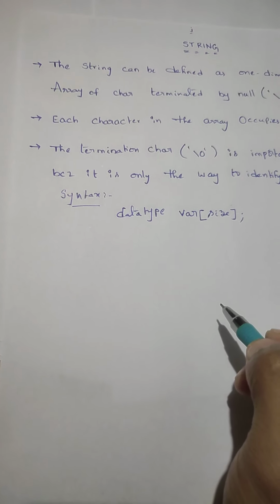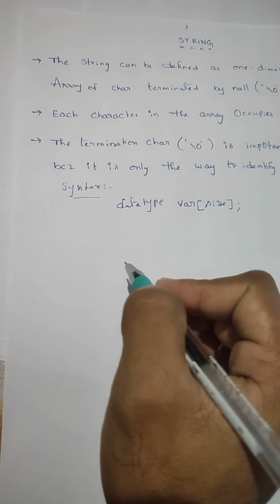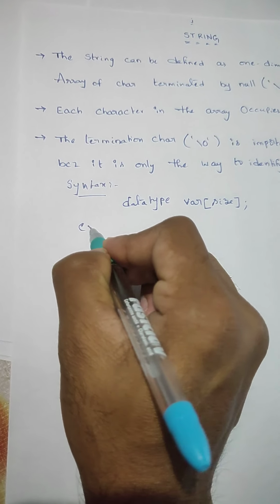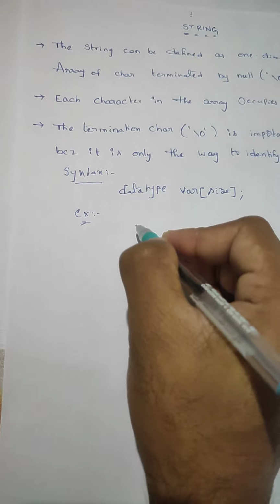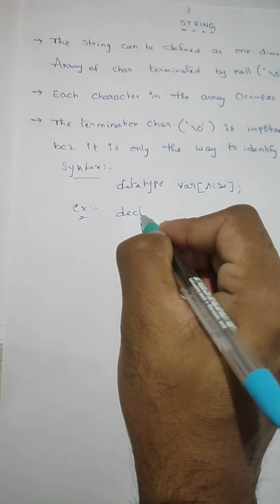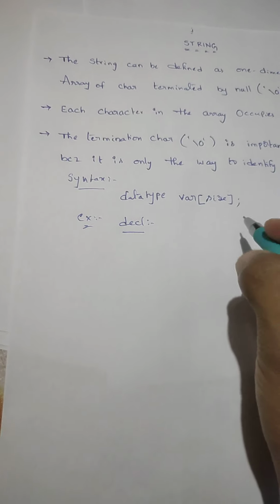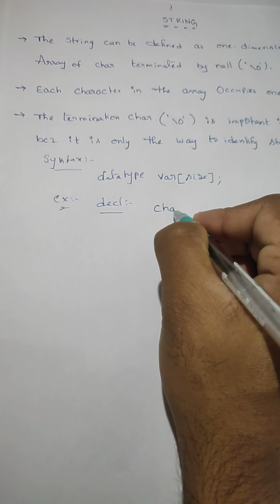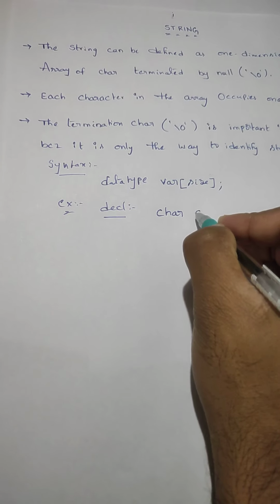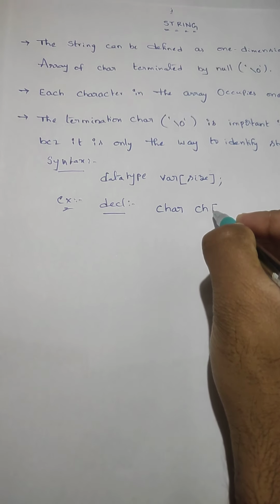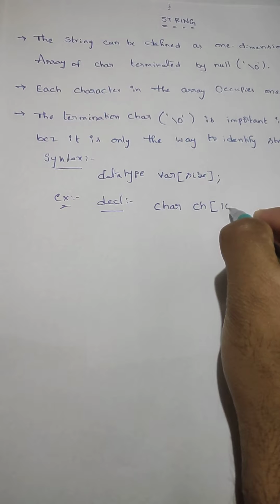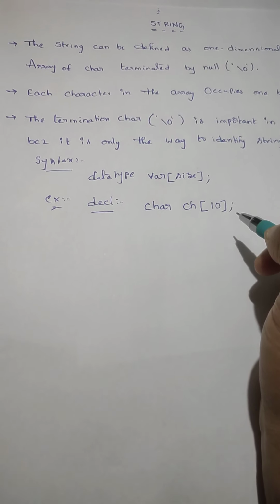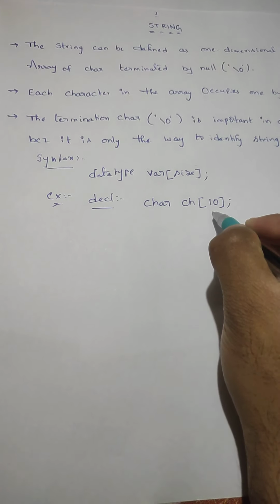Then an example, which is just a declaration. How to declare strings? The data type is char, and the variable name is ch of 10, because I want to store 10 characters. Strings mean a group of characters.